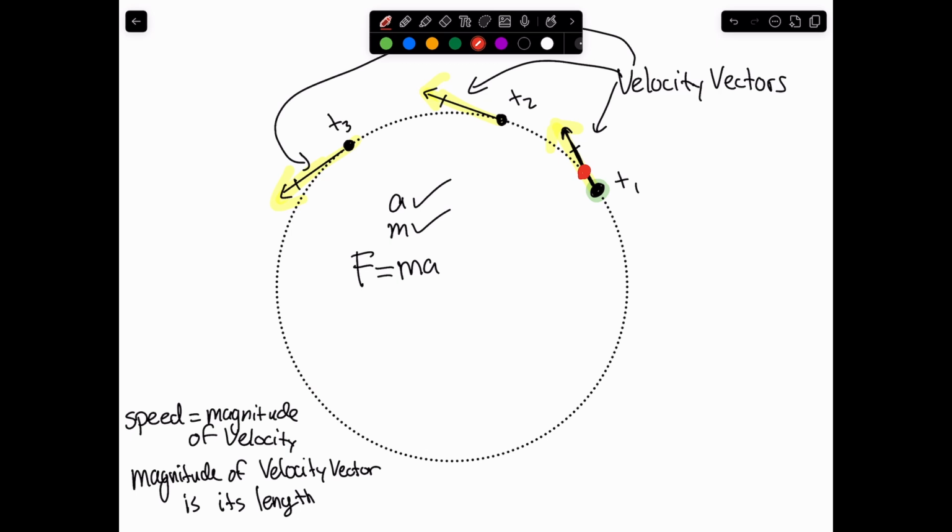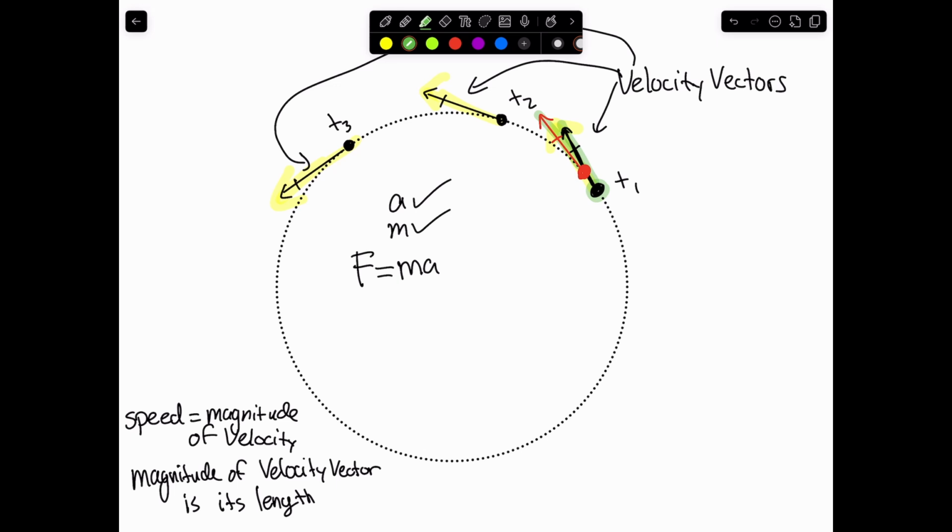Well, it's still going to be tangent to the circle, but now that it's moved, that tangent is different. It's more this direction. And hopefully you can tell by my drawing that this first black vector and this new red vector are not going the same direction, although they are the same length.